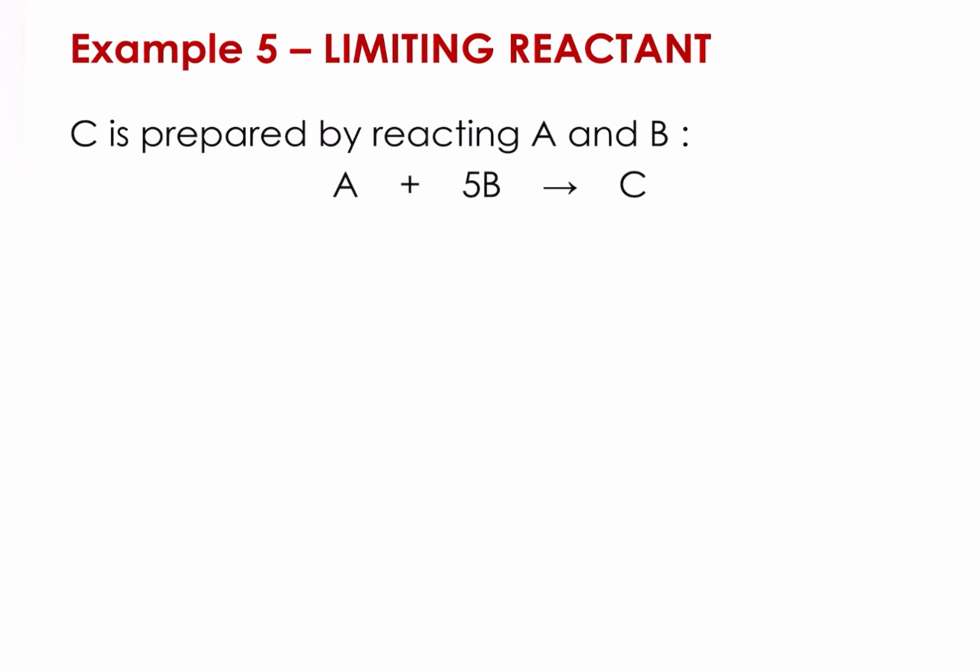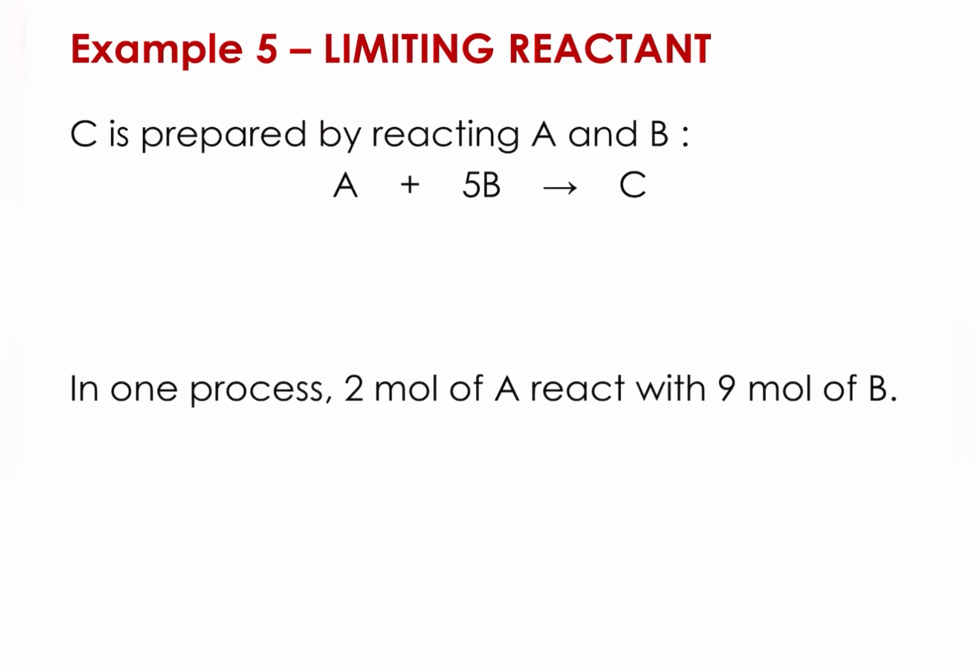And my description, in one process, 2 mole of A reacts with 9 mole of B. So tips yang pertama yang kita ingin tahu tentang soalan limiting reactant, kebiasaannya dia akan berikan moles untuk both reactants dalam description. Seperti mana dalam kes ini dia berikan mole untuk A dan B.